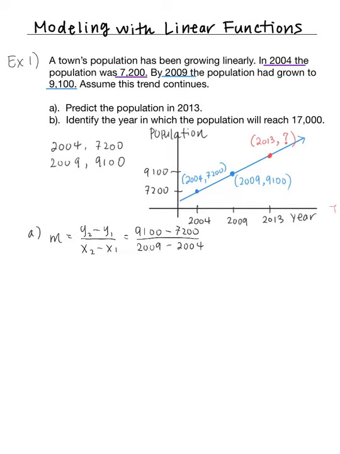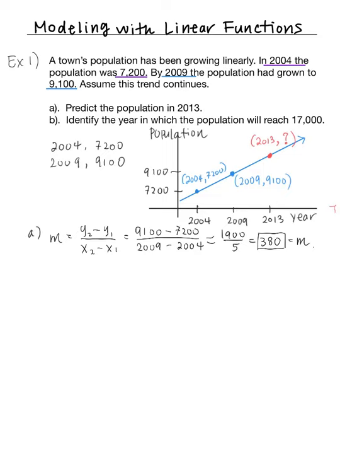Feel free to use your calculator if your brain is tired already. Anyways, this is going to be 1900 all over 5. Now 5 goes into 1900 how many times? 380? Okay, so let me just keep this as our slope.